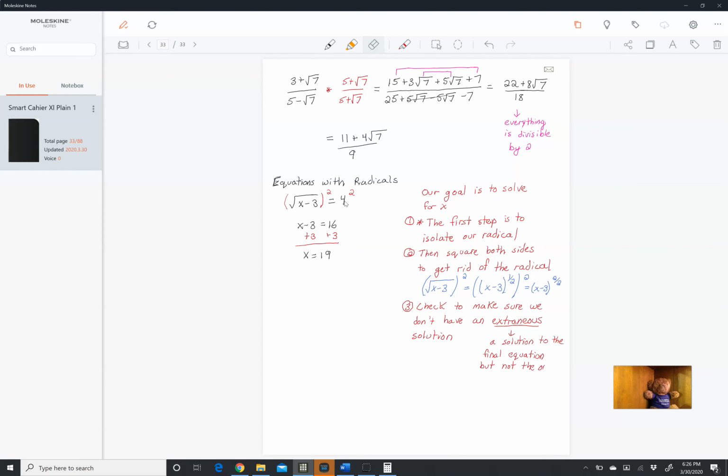And to check for this, we just plug back in. Plugging it back in to make sure it works. We're saying that the equation is true, the equality holds.